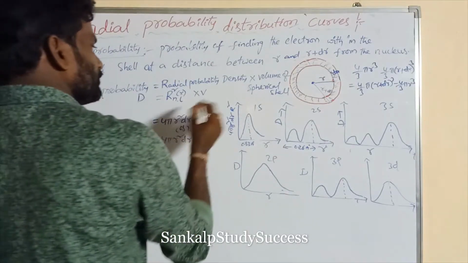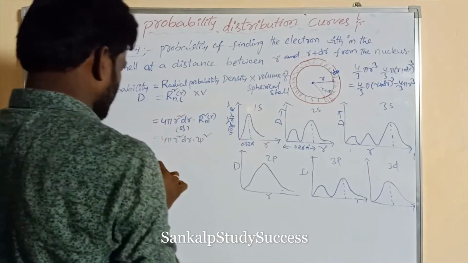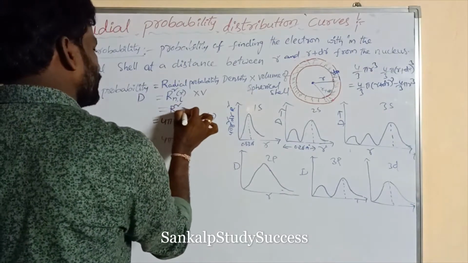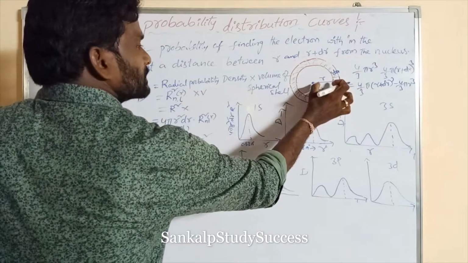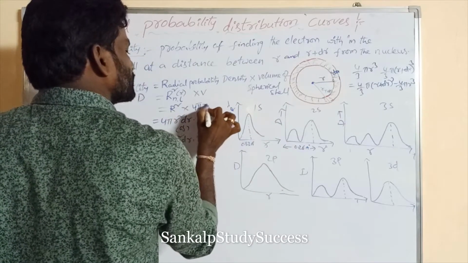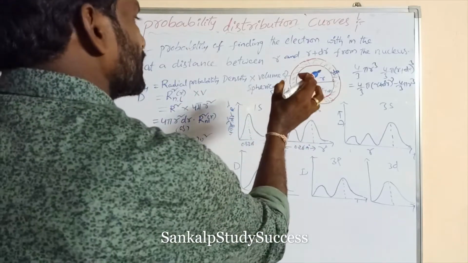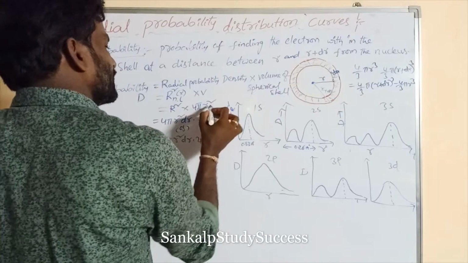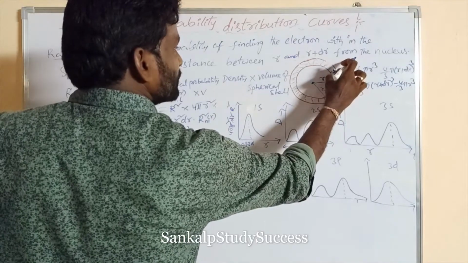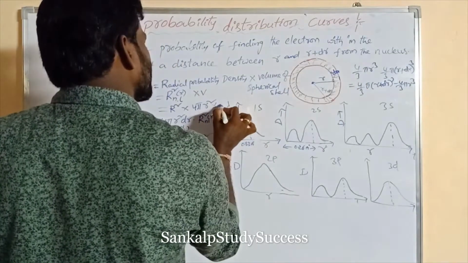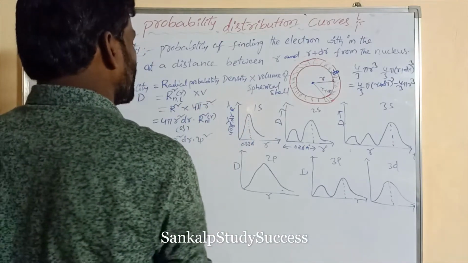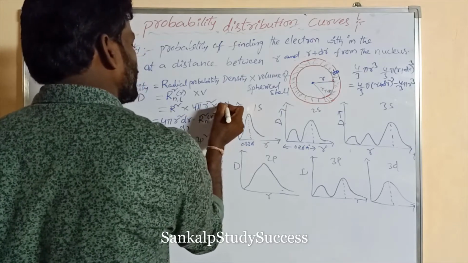The surface area of a sphere is 4 pi r square, into its thickness, the length of the spherical shell, which is dr. So this is also taken as the volume of the spherical shell, 4 pi r square dr.